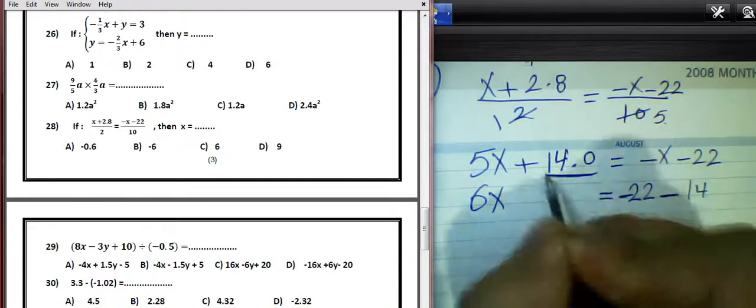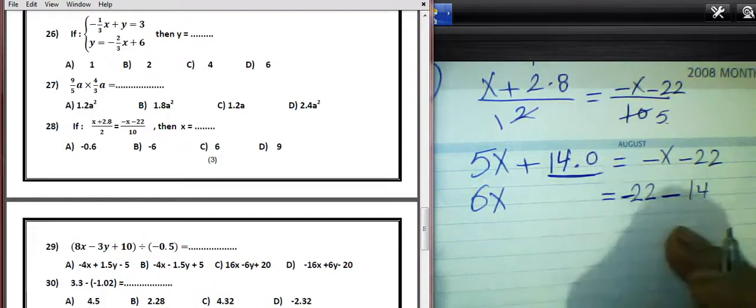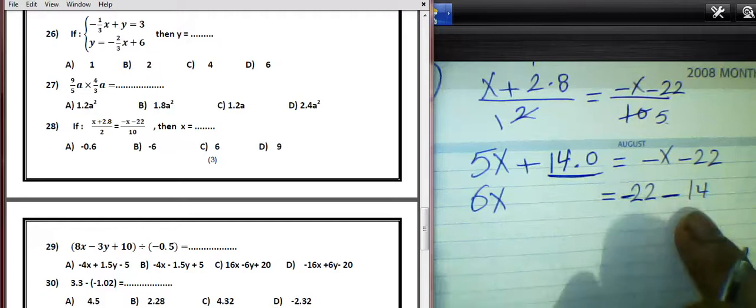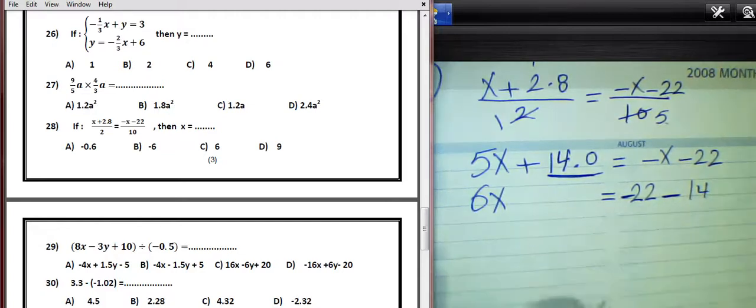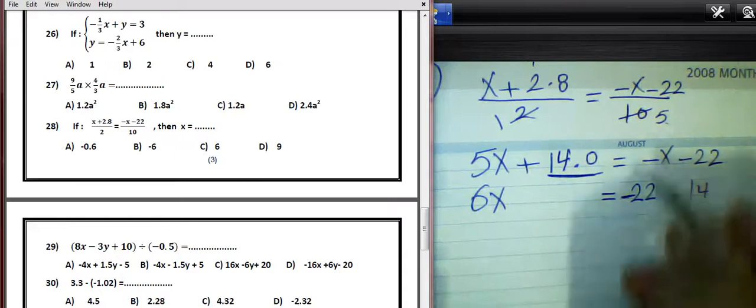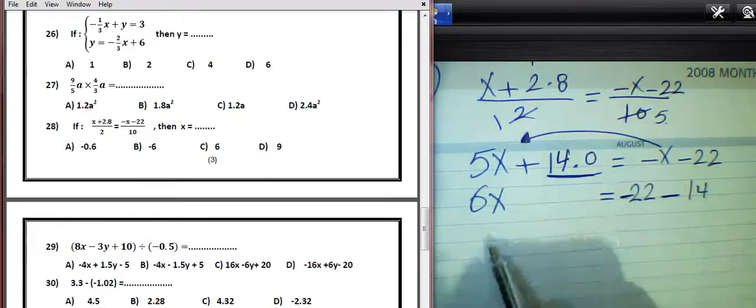Again, positive 14 we can write as negative 14 on the right-hand side. So negative x will move to the left-hand side here.